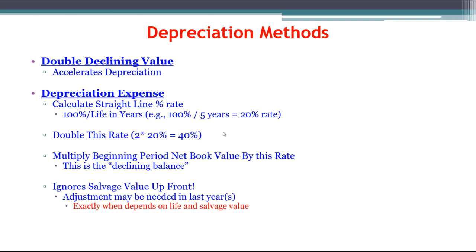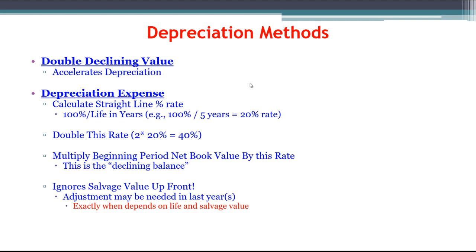But there are a couple differences that are important here. So first of all, we have to calculate, we didn't mention this in the straight line method, but we need it now in order to double the rate. So there's another way to calculate the straight line rate as a percentage. When we talked about the straight line method, we just went straight for the dollar amount. We said take the depreciable cost divided by the number of years to get the amount of depreciation.